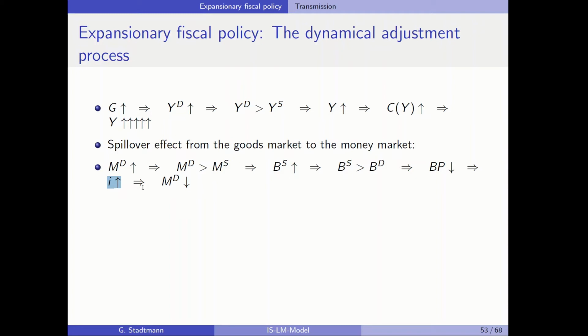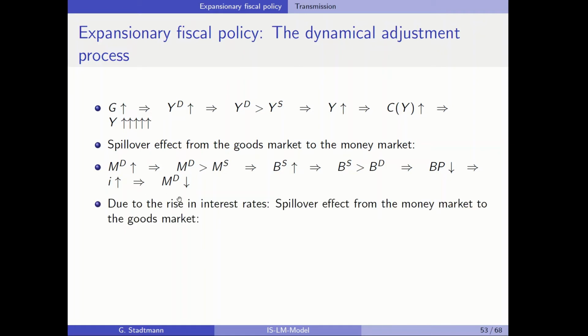But now we also have to think about the spillover effects from the money market to the goods market. When the interest rate increases, this affects the demand for investment goods. Demand for investment goods is down. Therefore, we have a negative effect on the demand for domestic goods. Supply is larger than demand. GDP decreases. When GDP decreases, consumption is affected in a negative way. And here GDP also decreases once more.